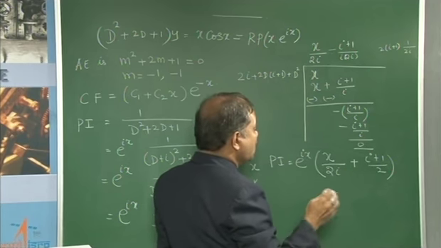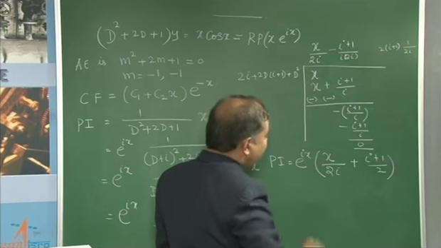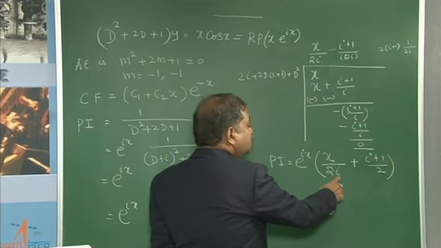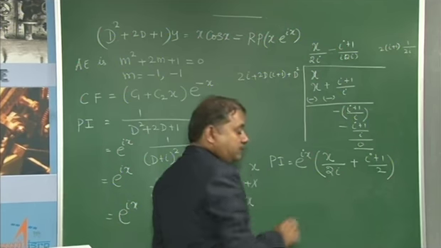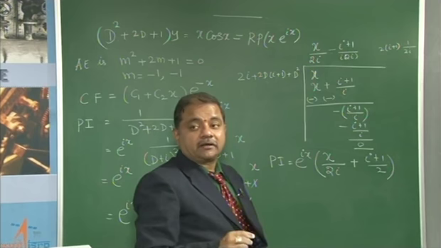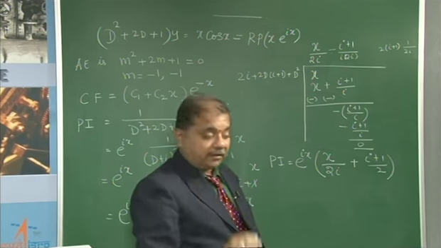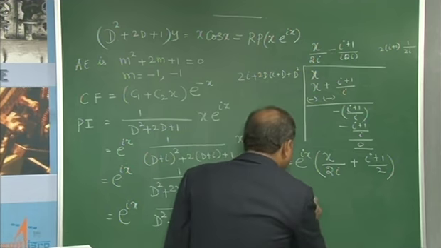Now, with this it is not ending. We have to find the real part. Before finding the real part, I should not be in the denominator. I should not see I in the denominator. It should be in the numerator. Then only I can take the real or imaginary part very clearly. So, what should I do?